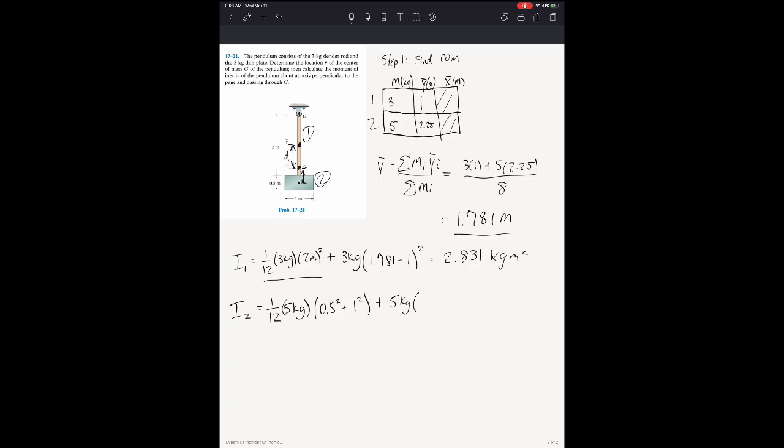So that distance there is what I'll call D2. This G is 1.781 meters down, and this point is 2.25 meters down.